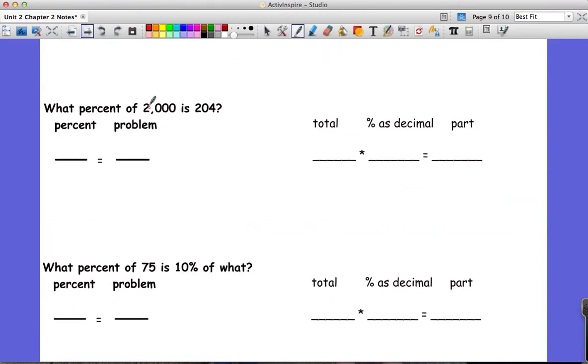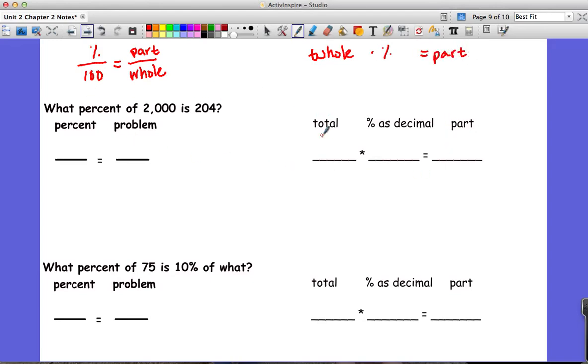So if we move along here, we're looking for something different this time. I want to show you that if you set this up, you have your percent over 100 set equal to a part over a whole. Or you have your total, so your whole group, times your percent as a decimal, is equal to the part.